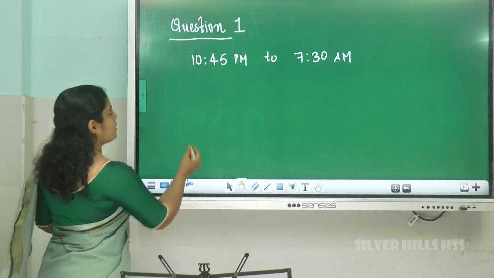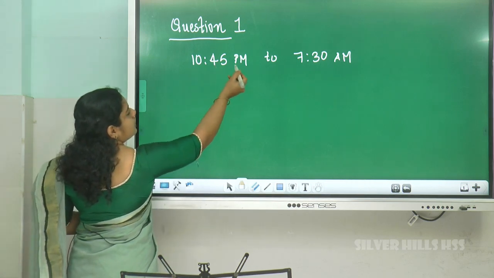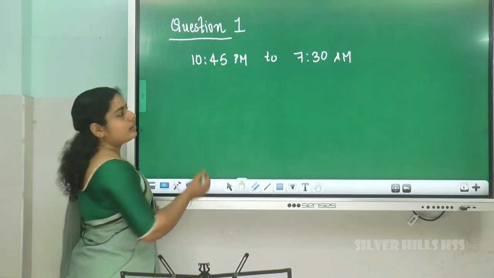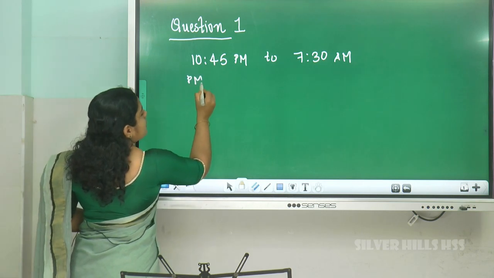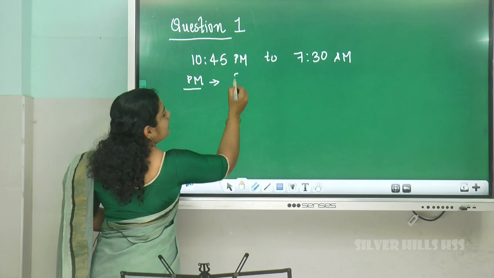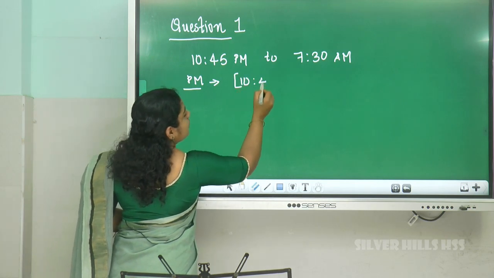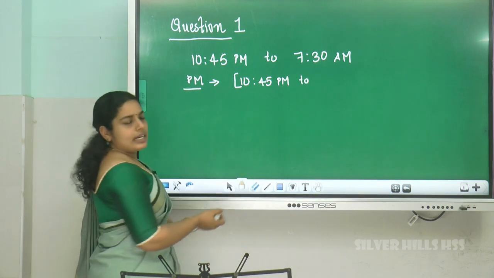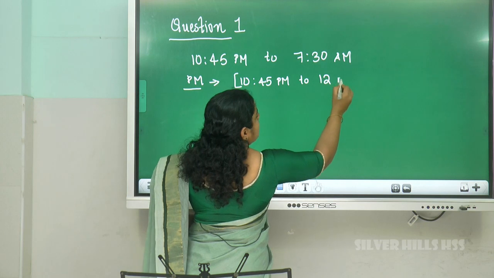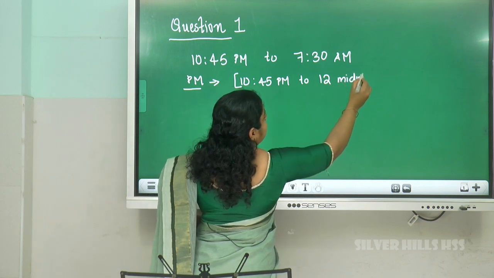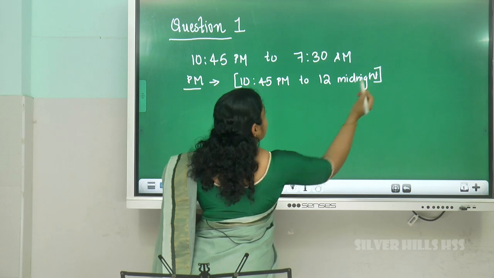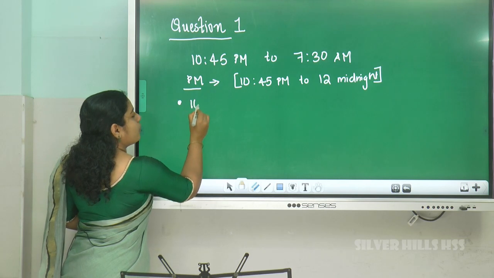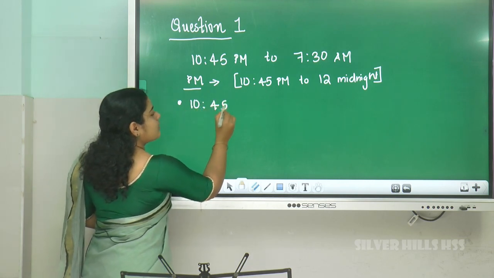Okay. So, first, here the journey starts at 10:45 p.m. So, we will start with the p.m. part. The p.m. part means the time from 10:45 p.m. till 12 midnight. Till 12 midnight it is p.m. So, the first method is from 10:45 to the next hour.